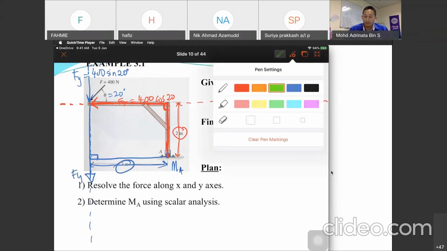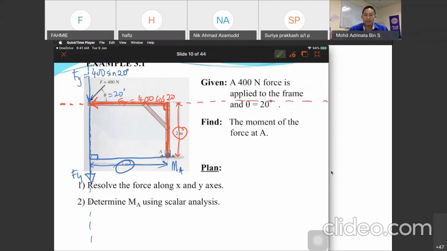Next, if you fix A, you pin it, close your eyes. Imagine Fx is going clockwise or counterclockwise. Fix your A, and you can feel that Fx is going counterclockwise.